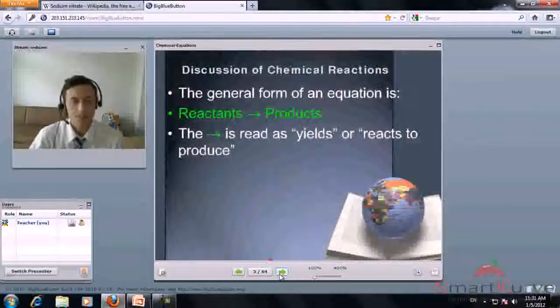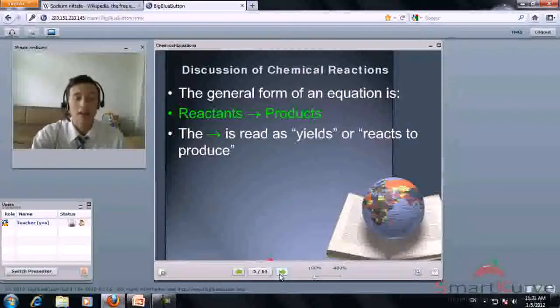All right. The general form of an equation: reactant to product. That's simple enough. Again, notice reactants go in, products come out. And we always write and read chemical equations left to right, just like the English language. So the reactants are going to be on the left and the products are going to be on the right.